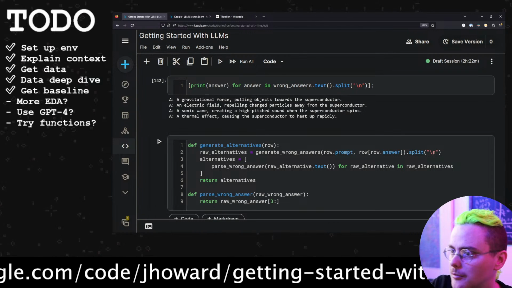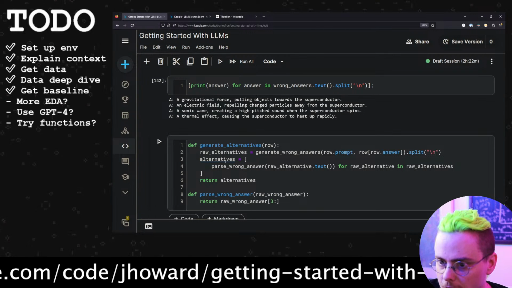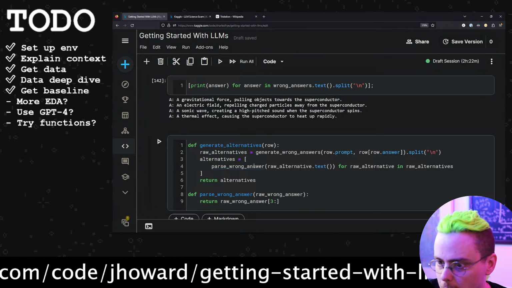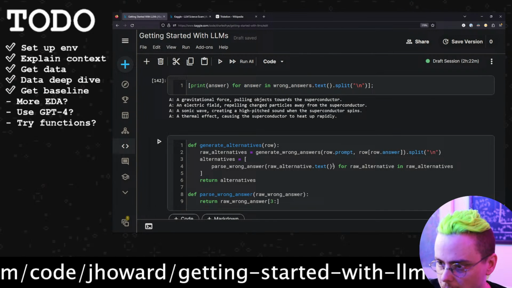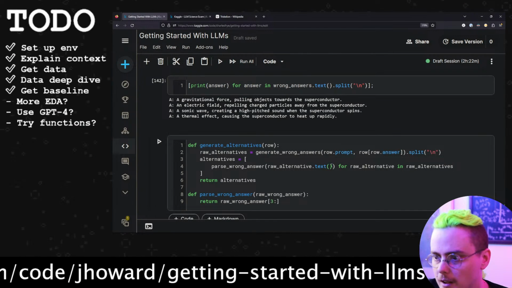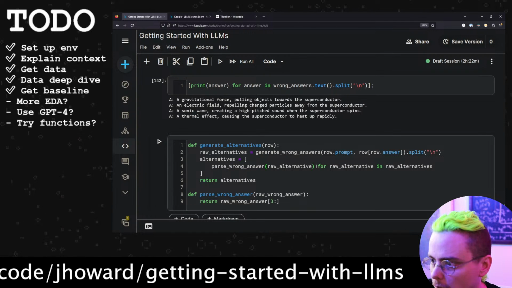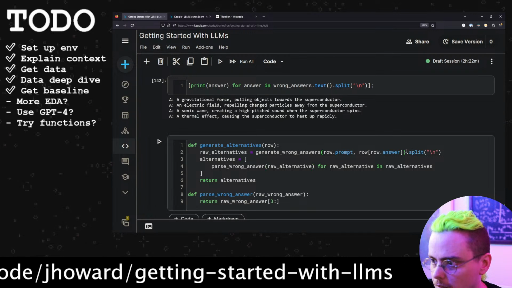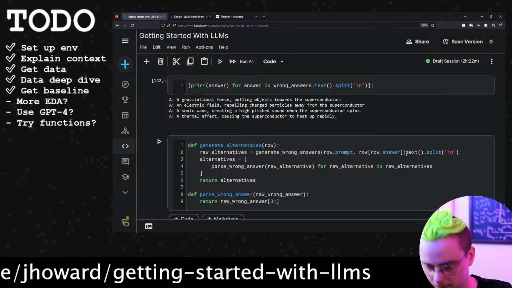So we're going to optimistically assume that we can split on new lines to get our 4 alternatives. Alternatives are parse wrong answer alternative dot text dot split n. Now we no longer need that, and we don't need to change parse raw answer. Generate wrong answers dot text dot split.